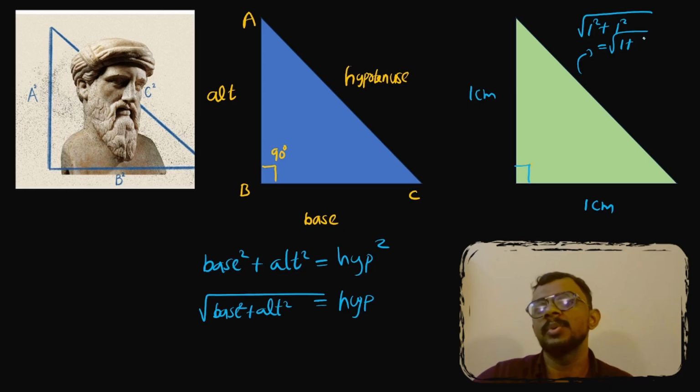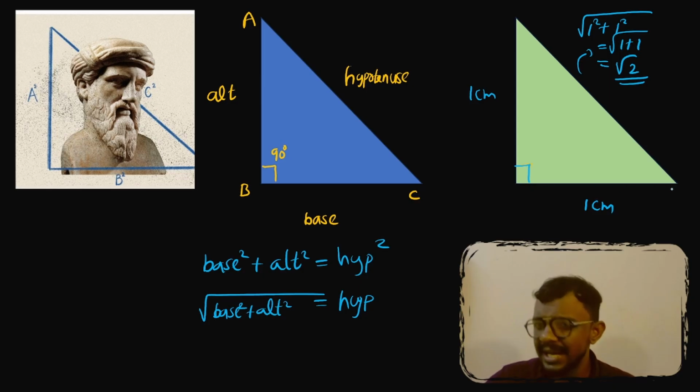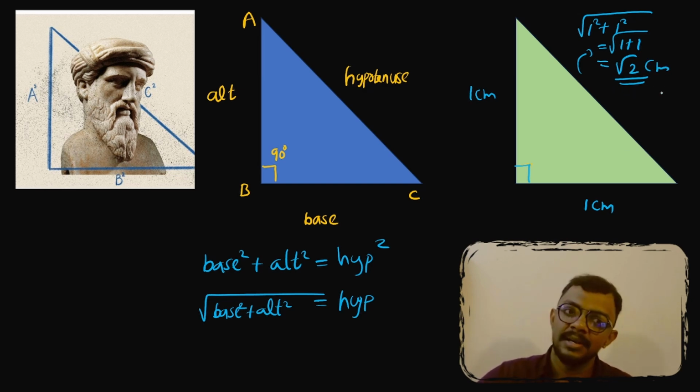So the answer is root 2. Definitely drawing a 1 centimeter line is possible. Drawing a 90 degree angle is possible. Drawing another 1 centimeter line is possible. Joining them is also possible. So definitely root 2 centimeter exists.